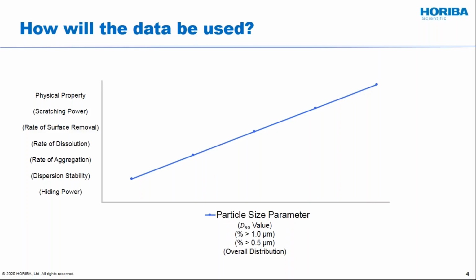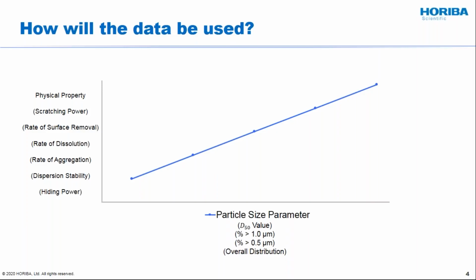Instead, you simply make one measurement of your particle size parameter, look at the percentage over 1 micron, go over to the y-axis, and predict your rate of surface removal. This is always going to be the case with this kind of parameter. To just say I have 1% over 1 micron really doesn't tell you much about your sample.